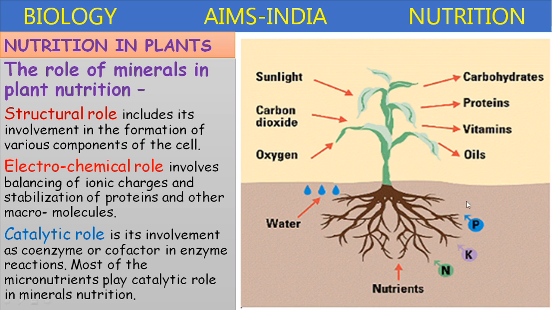And these elements play a very important role in the formation of carbohydrates, proteins, vitamins, oils. These are called metabolites. All the metabolic activities in the plants depend upon the availability of the nutrients present in the soil. A fertile soil contains more nutrients.